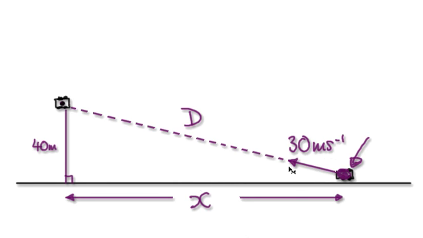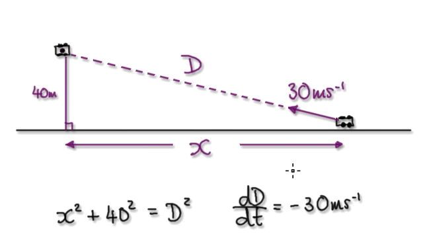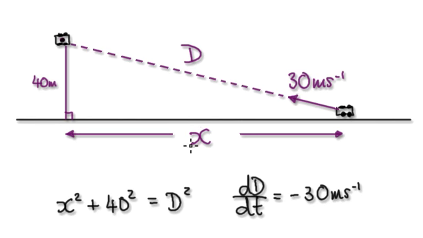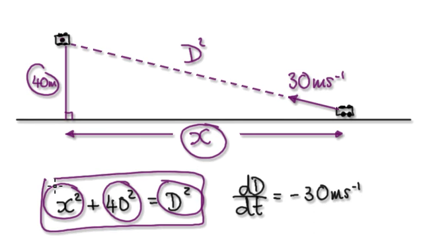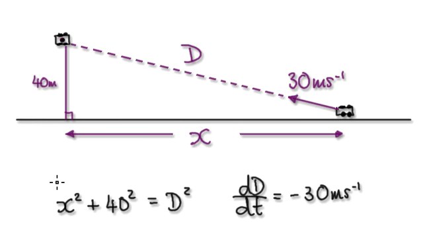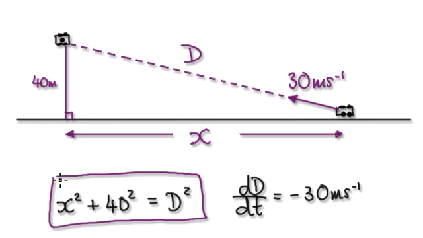If you think about it, you've got x here. So x squared plus 40 squared gives you D squared here. So by using Pythagoras, we've got this relationship that ties everything together.